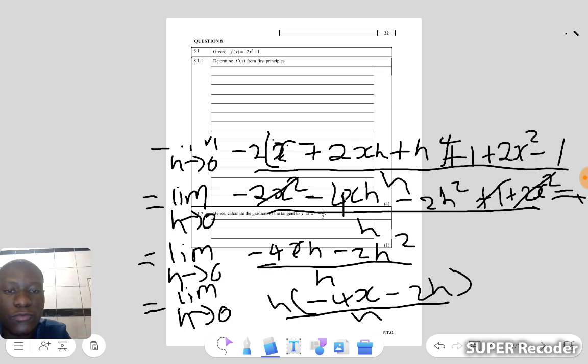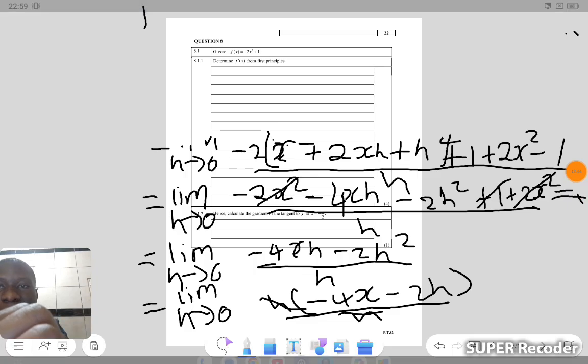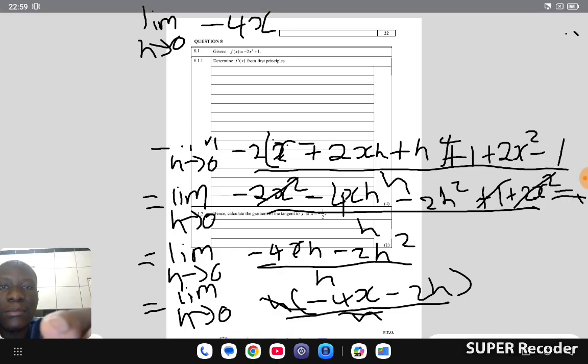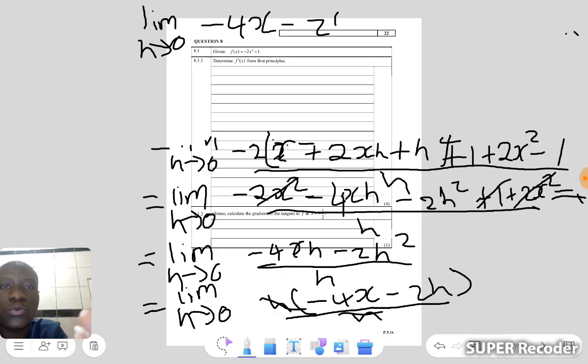If we want to continue, you will see that this h and this h will cancel each other. That means what we'll have left is the limit as h approaches 0 of negative 4x minus 2h.